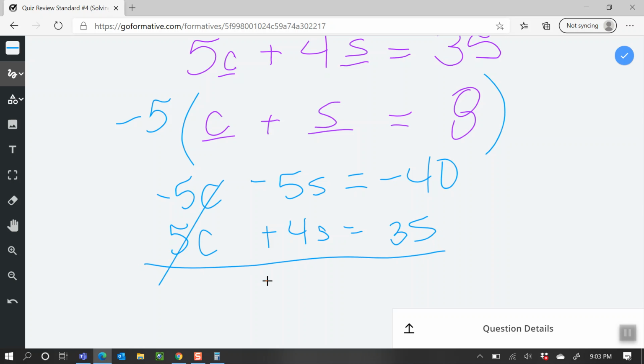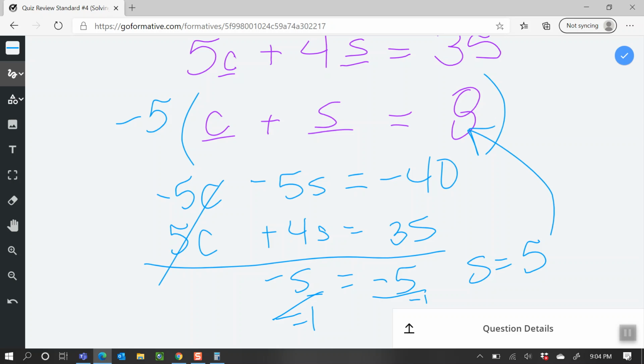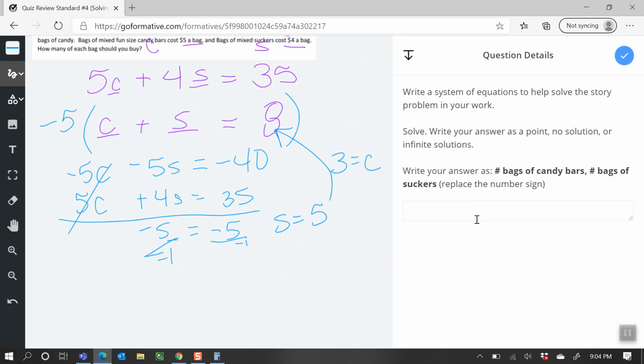Cancel out. Negative S equals negative 5. Divide by negative 1. Suckers equals 5. If you're buying 5 bags of suckers, into this equation here, you have 3 bags that equal C. So, my answer, I have 3 bags of candy bars, comma, 5 bags of suckers.